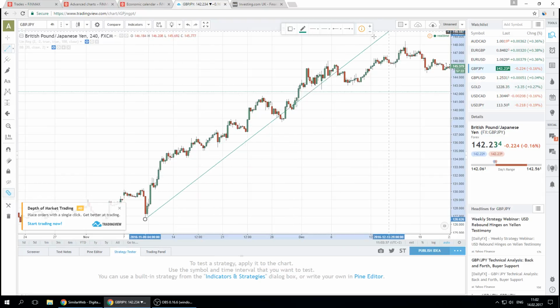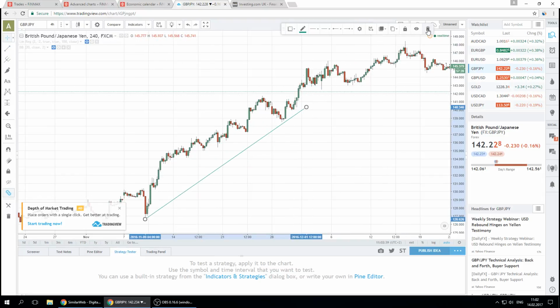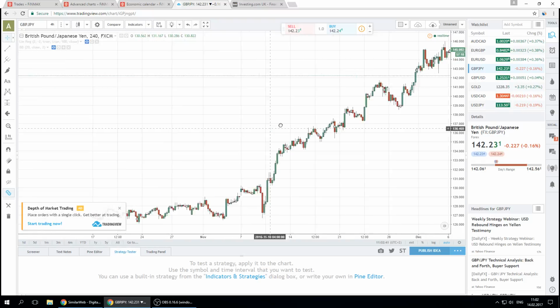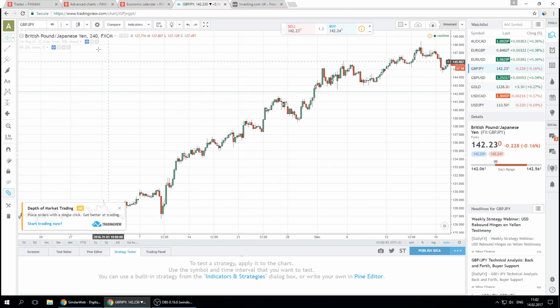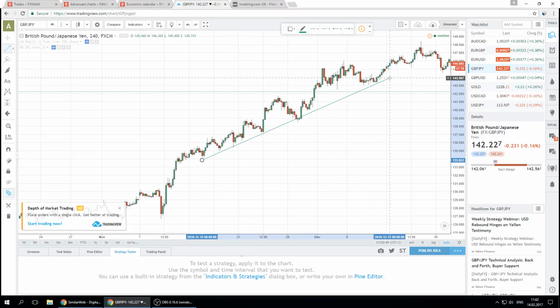Let's start better from here because the trend looks better from this zone. And let's draw it through several hour candles. As you see, it's an uptrend line.